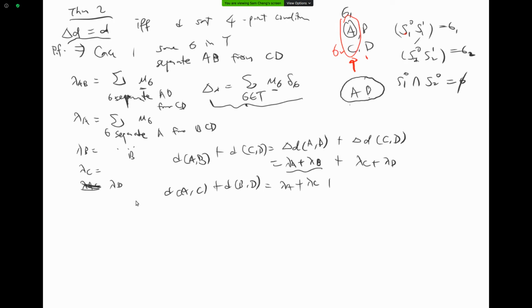So I should have lambda AB as well, and this will be lambda B plus lambda D plus lambda AB as well.